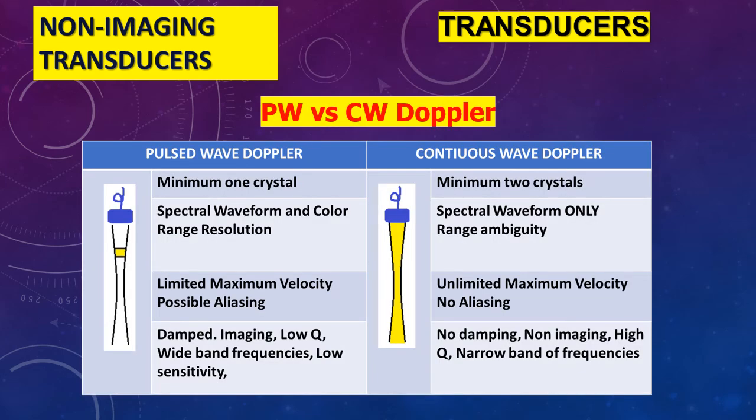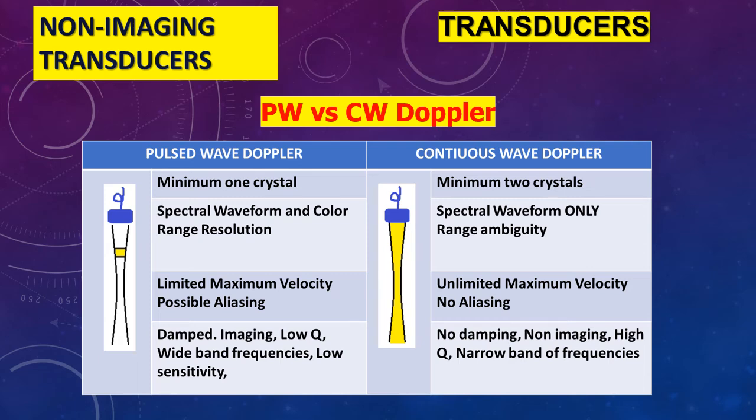As we see here, there is a table, or comparison chart, between the pulse wave and the continuous wave. Pulse wave, this is the array transducer, most of us know it, and it can transmit the Doppler pulse. So this pulse wave transducer can operate with a minimum of 1 crystal, right?